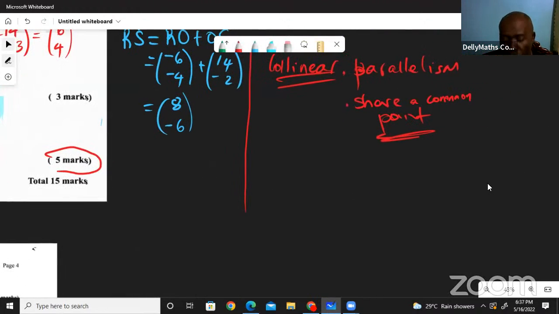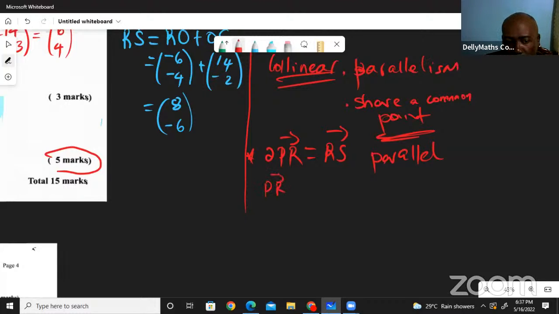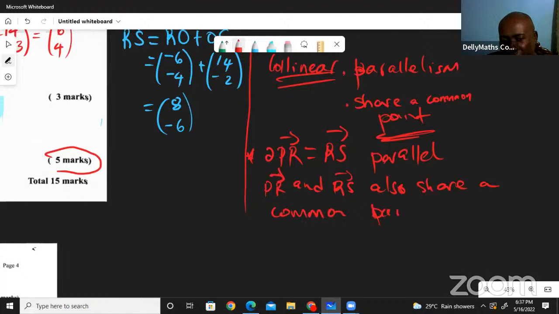All right, so then we just found out that 2PR produces RS. So this means that they are parallel. So the fact that these two vectors are parallel, and that they share the common point R, I could say to you that PR and RS also share a common point, and I'll name the point.